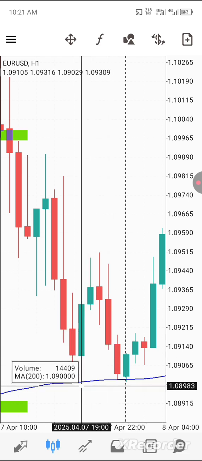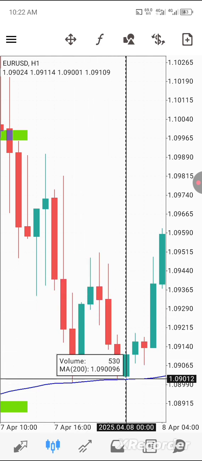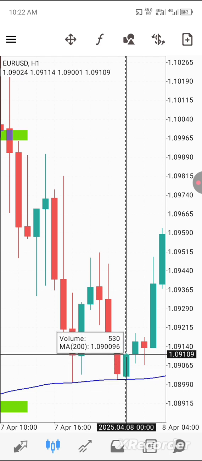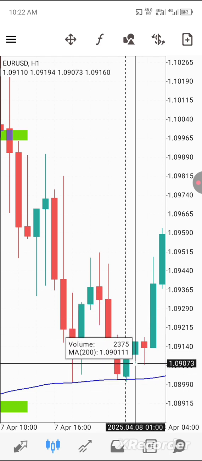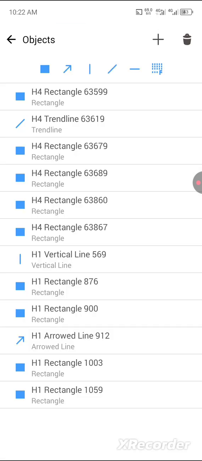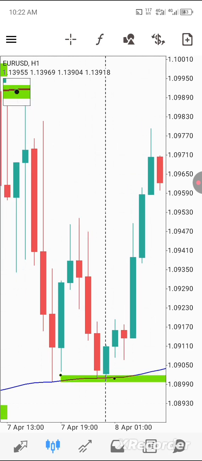Market comes down here again, it goes up, it comes down here again, it becomes a double bottom, which indicates a buy signal. So we draw our support layer here.